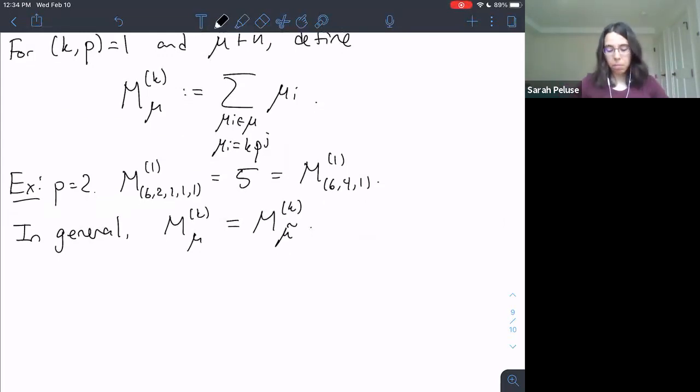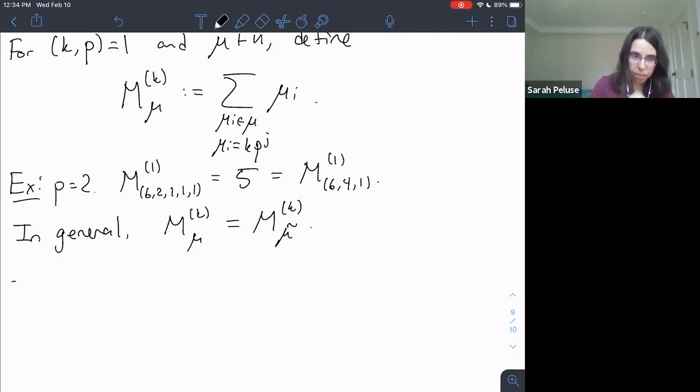And further, you can read off the parts of the form k times a power of p that appear in mu tilde just from the base p expansion of capital M sub mu.